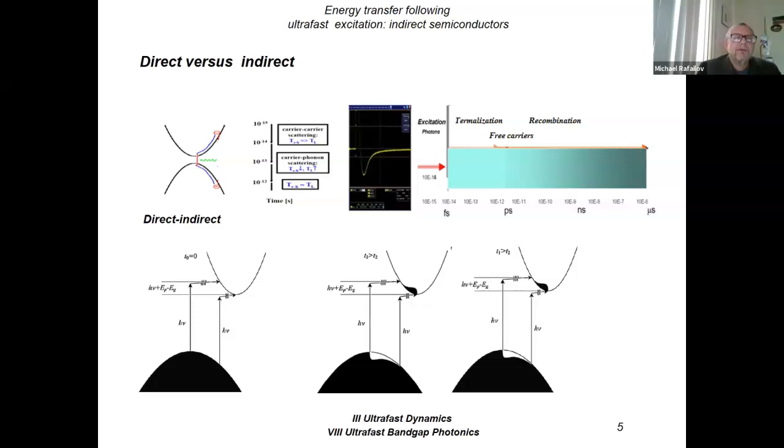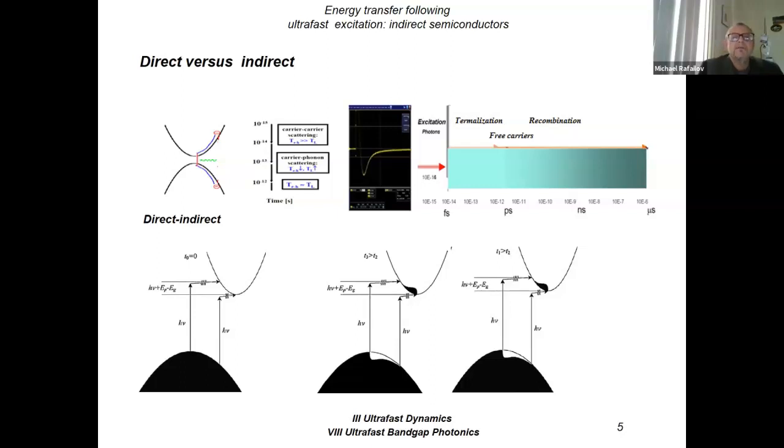Plus to that, we have a very clear path of development of phononic disturbance, phononic generation and lattice disturbances in indirect semiconductors.